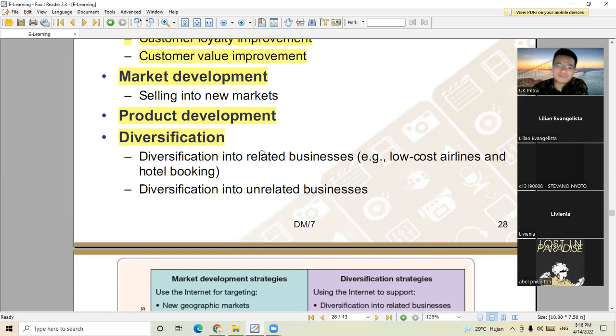But if you diversify into, for example, let's say, chemical stuff, then you will do the diversification into unrelated business, because you sell drinks, and then you diversify your business into selling chemical materials.